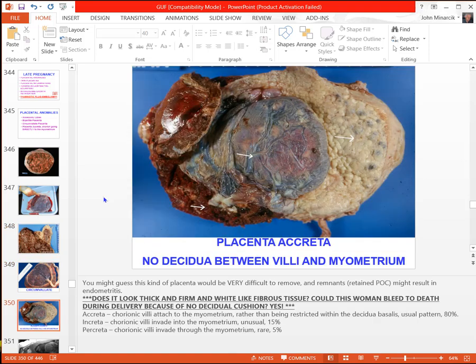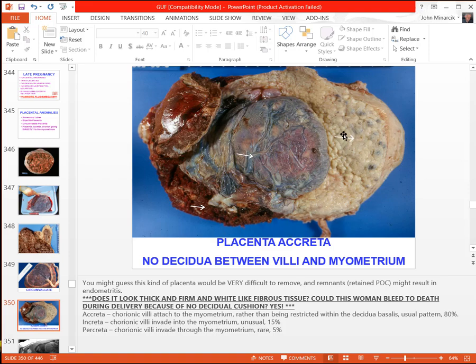Oh yeah, this is a placental abnormality called placenta accreta. And remember, we said that with placenta accreta, you don't have much by way of decidua between the placental villi and the myometrium. Remember, decidua is the endometrium of pregnancy, okay?